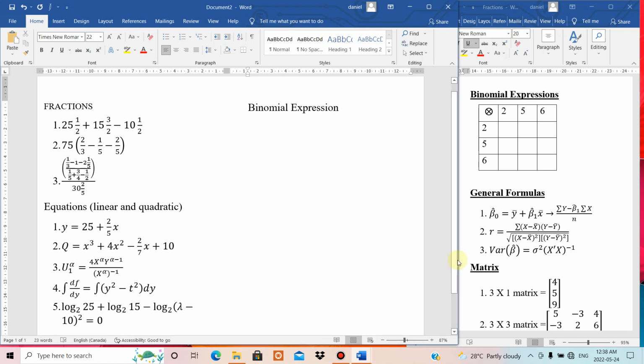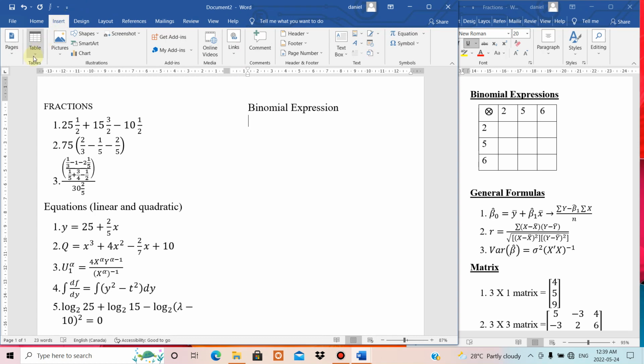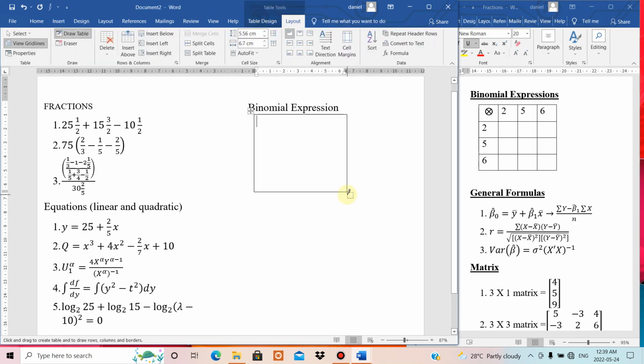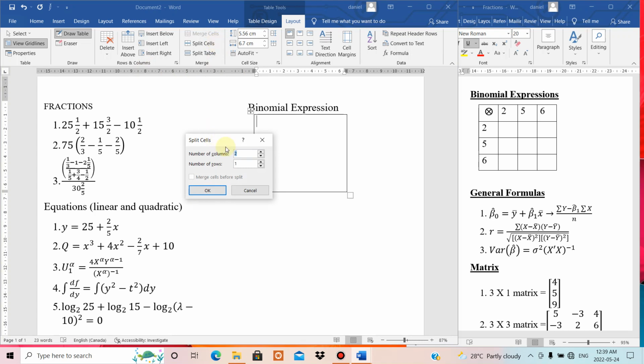It's just one, so I'll just leave it as an expression. So what do I do to get this table? I'm going to draw the table, very sizable. After drawing, I'm going to split. I want a 4 by 4, 4 rows, 4 columns.